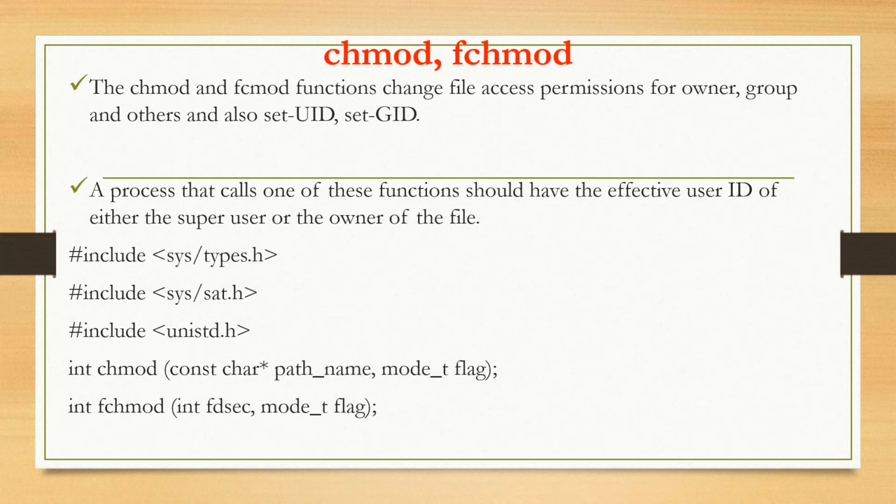The chmod function uses the path name of a file as the first argument, whereas fchmod uses the file descriptor fdesc as the first argument. A flag argument contains the new access permission and any special flags to be set on the given file.